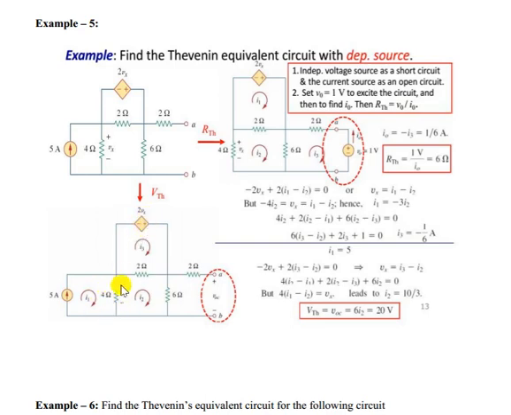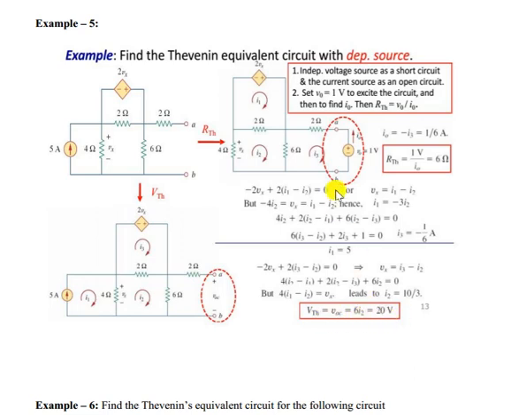Vx equal to nothing but 4 into I1 minus I2. That we can put it here, and Vx also I3 minus I2. Then if we solve, we will get I2 as 10 by 3. So if I2 is 10 by 3, then VTH equal to what? Nothing but this 6 into that I2 current. 6 into I2, that is equal to 20 volt.